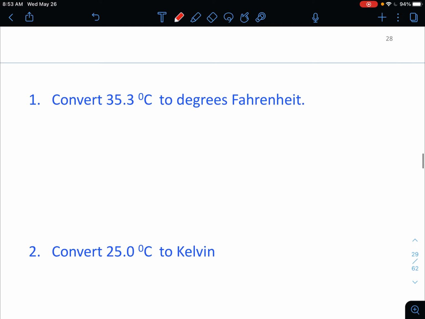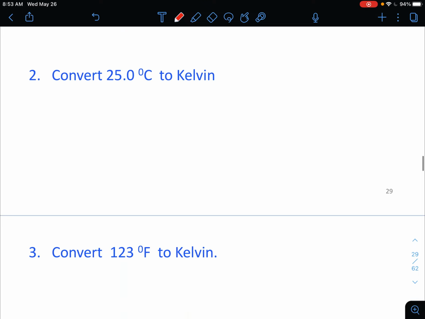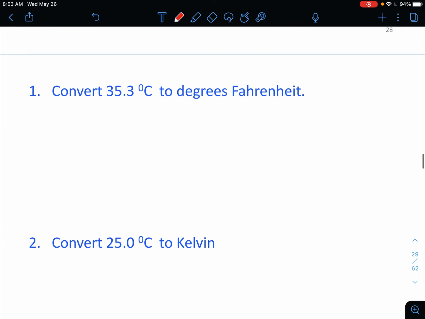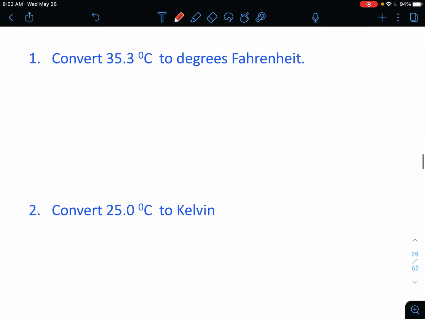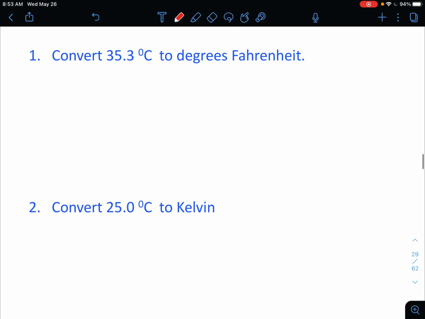Okay, so I think I have 3 of these to go through. This is kind of the format of how things will go in general: we'll talk about a concept, I'll show you an example problem that's already been worked out, and then if we were in the classroom, I would put these up and have you work on them, and then we'd go over them in a few minutes.